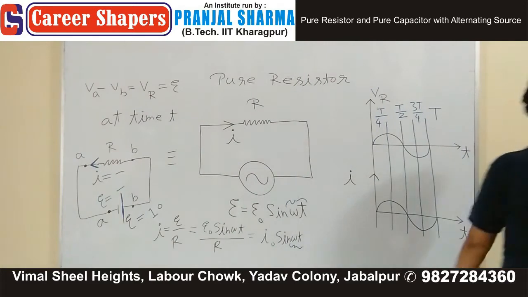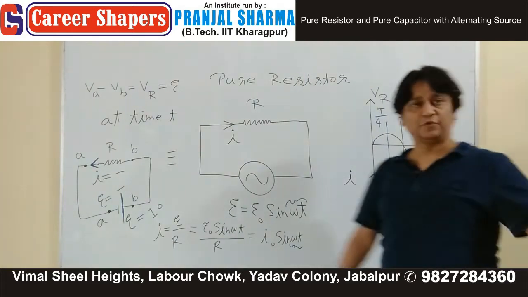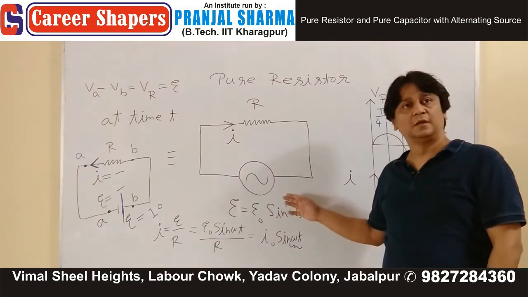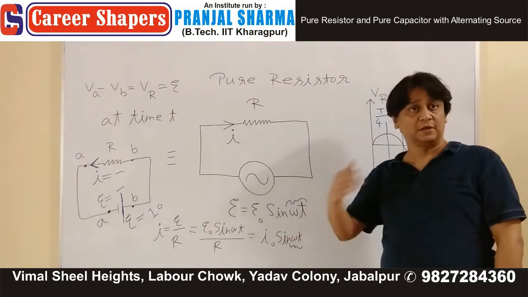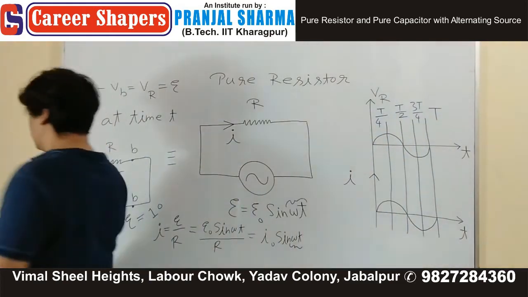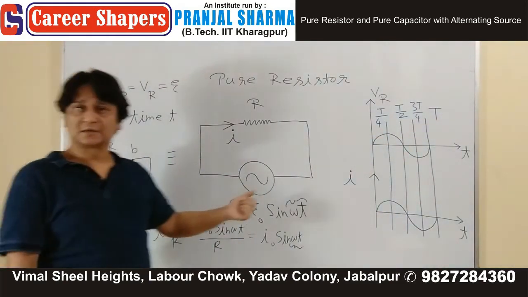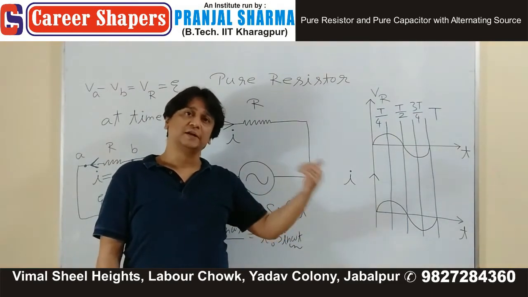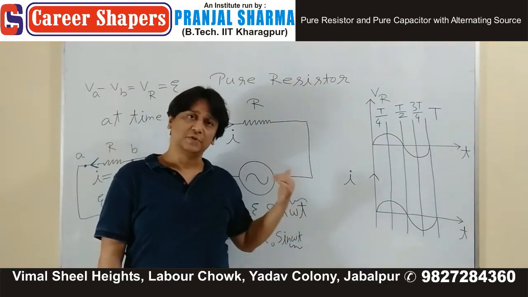So if somebody is confused, for example, the first person, when I asked what is the meaning of omega t, he answered angular frequency. So when I corrected him, now he will remember that omega was angular frequency. His answer was not correct, but he is learning something even from this exercise.